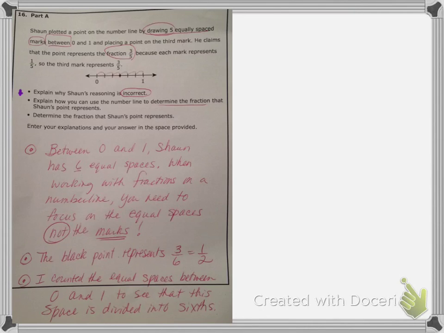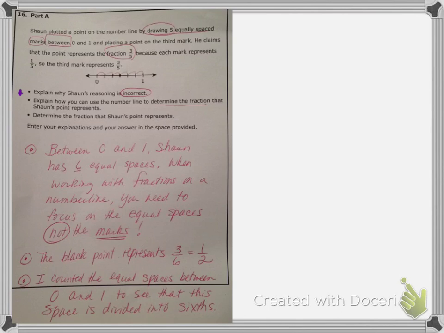The marks help you count, but you want to discover the equal spaces or the equal cuts. In a number line, it's the equal spaces between each of the marks, okay? And then the landmark is from 0 to 1. So that space from 0 to 1 is divided into 6.